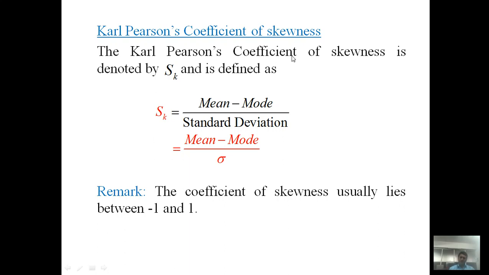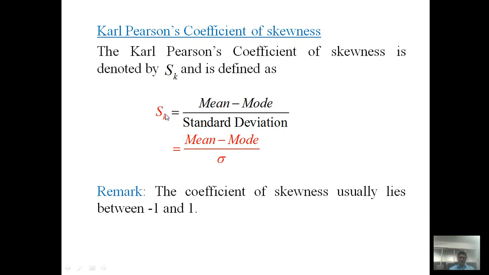The Karl Pearson coefficient of skewness is denoted by S with suffix K, where capital S stands for skewness and K for Karl Pearson. It is defined as Sk equals, in terms of the measure of central tendency, mean minus mode upon standard deviation. The numerator is as it is, and we know that the notation of the standard deviation is sigma.